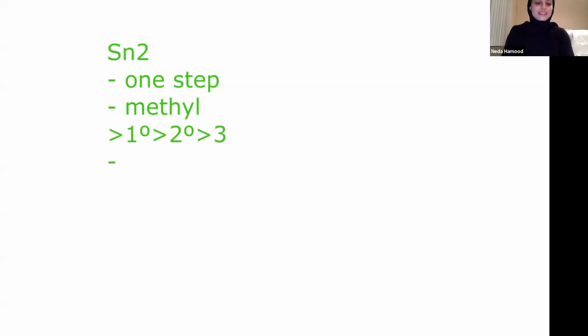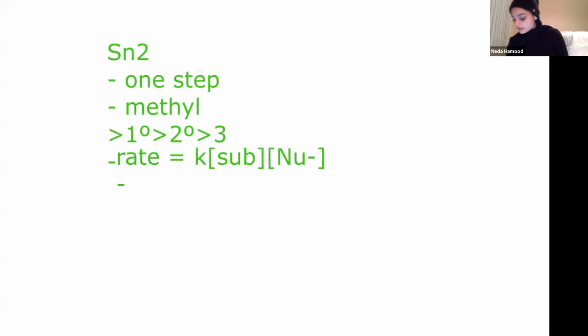I'll start fixing that. Okay, so then we have methyl. The rate equation looks like k, alkane substrate, nucleophile. What do you mean by methyl? So methyl means it would look like this.